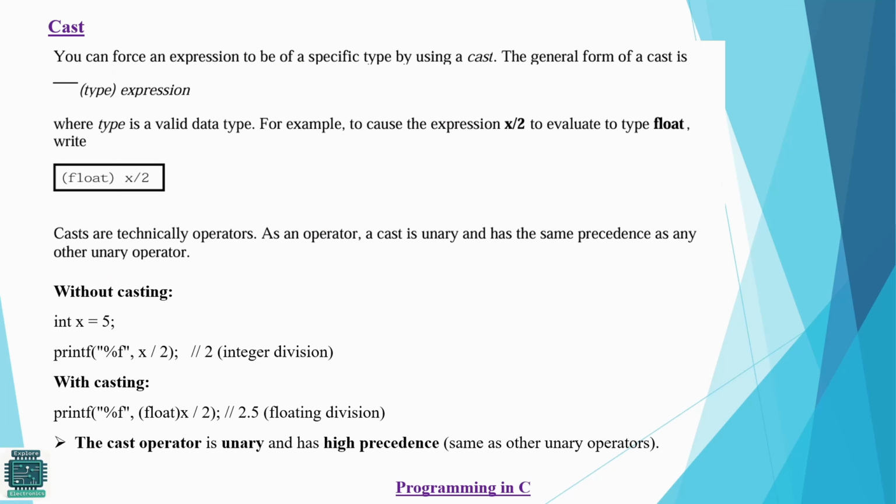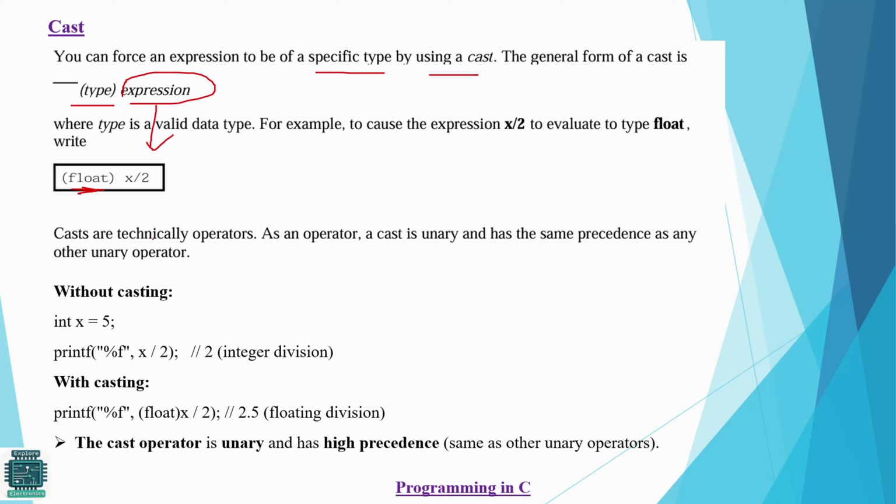Now let us understand cast. We can force an expression to be of a specific type by using a cast. The general form, or syntax, of a cast is that first we mention the type and later the expression. Here is an example. This data type is float, which includes decimal values, and x by 2, the division operator, is the expression.